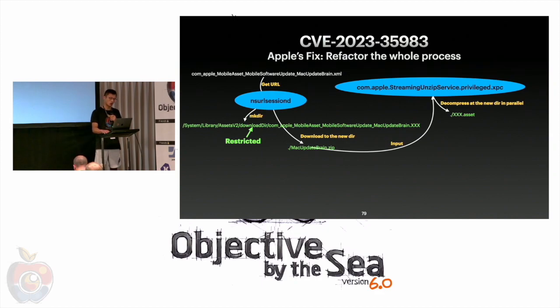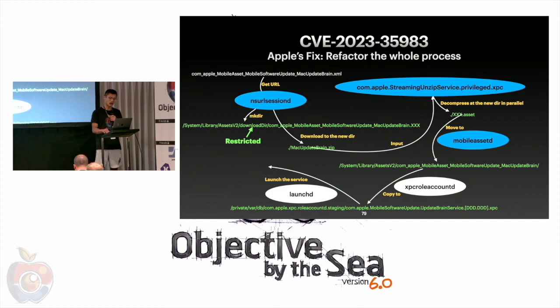Once the download and unzip operations are complete, the process later is similar. Note that both the NSURL process and the streaming unzip XPC service have the new special rootless entitlement to modify the restricted content directory. By the way, the download of OTA package also follows this new process.